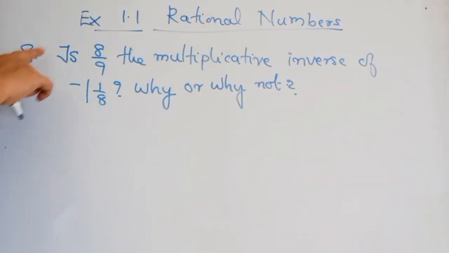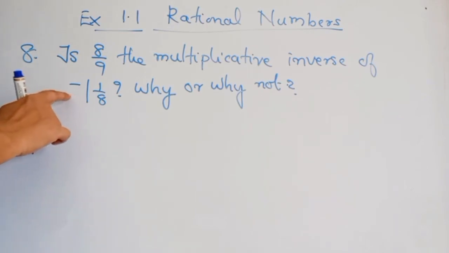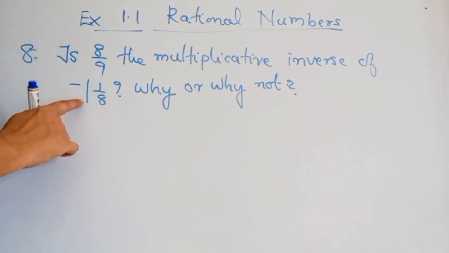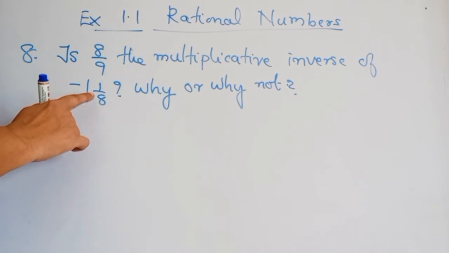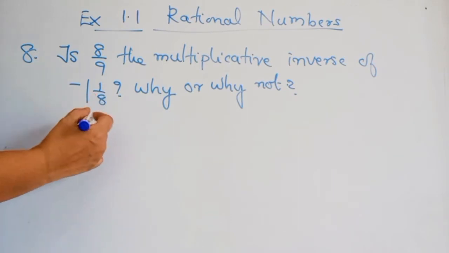Now it is Exercise 1.1, rational numbers, grade 8, question number 8. Is 8 by 9 the multiplicative inverse of minus 1 and 1 by 8? Why or why not? First of all, we can convert minus 1 and 1 by 8 to an improper fraction.